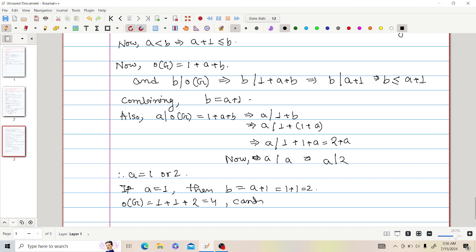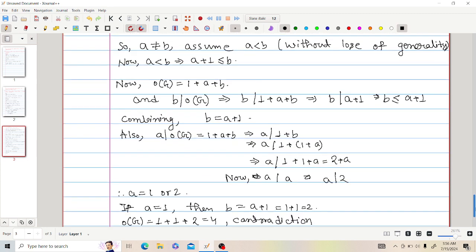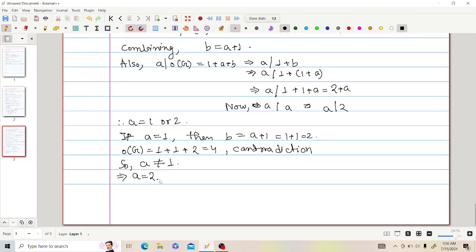This is also a contradiction, because every group of order 4 is abelian, and in this case we assume the group is non-abelian. So A cannot be 1. This implies finally A is equal to 2.